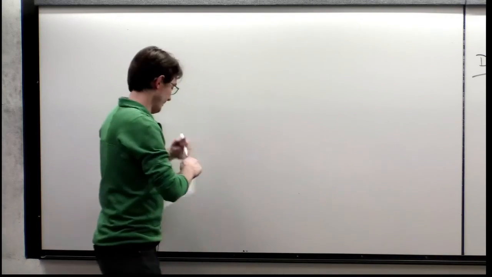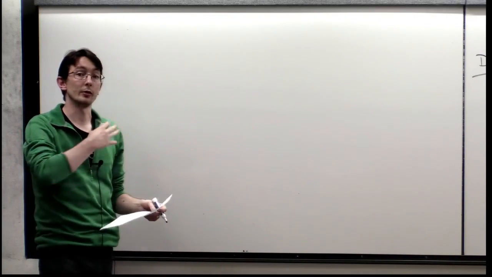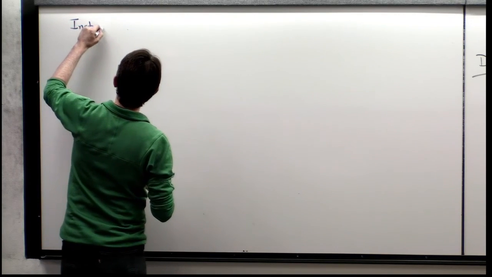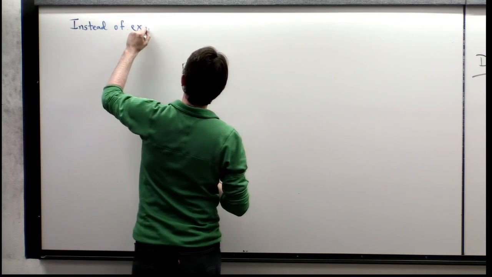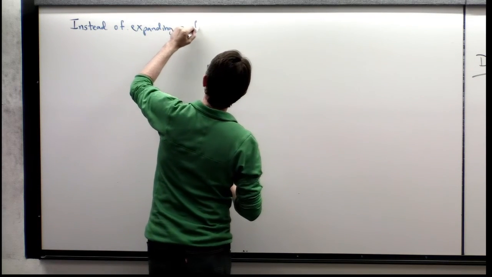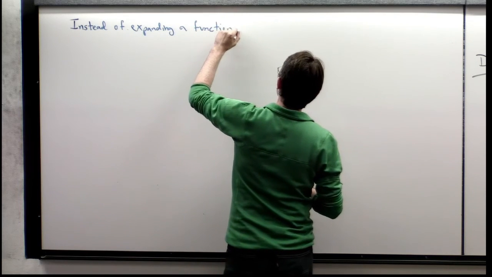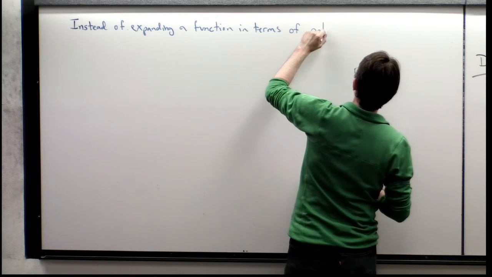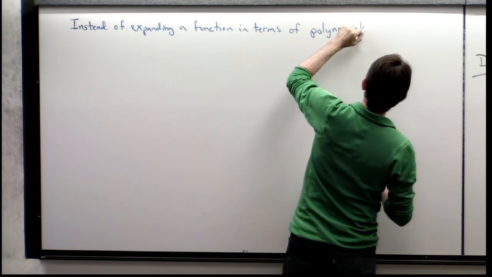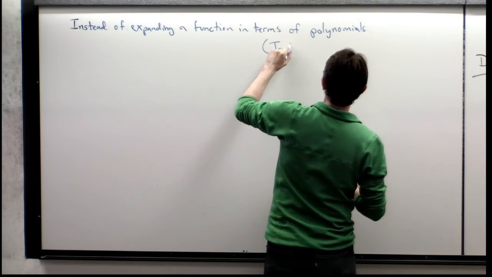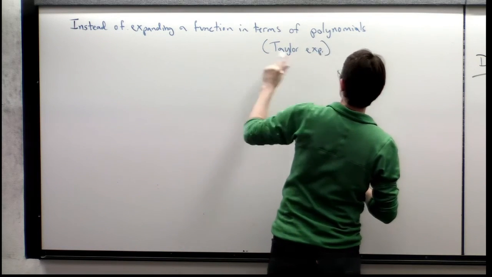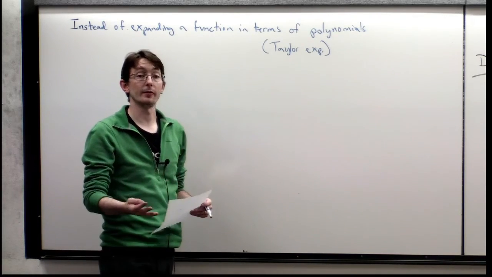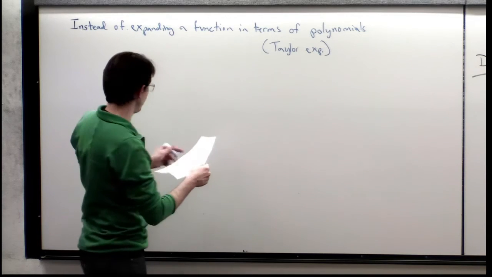So the key point now is that instead of expanding a function in terms of polynomials, which is what we do in the case of Taylor expansion, it's instead possible to represent our function as a sum of sine waves.